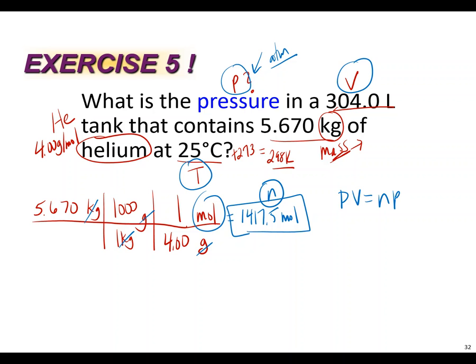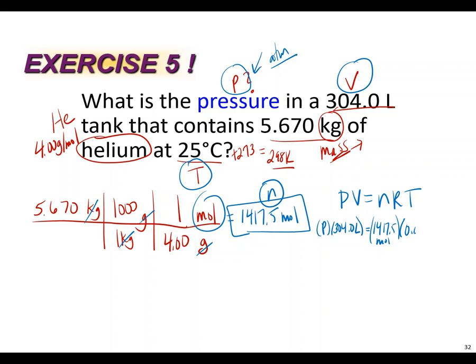PV equals nRT, so here, missing the pressure, the volume is 304.1 liters. The moles is 17.5. Like I said, you could round it before you do it, but a lot of times they tell you to wait till the very end to round.